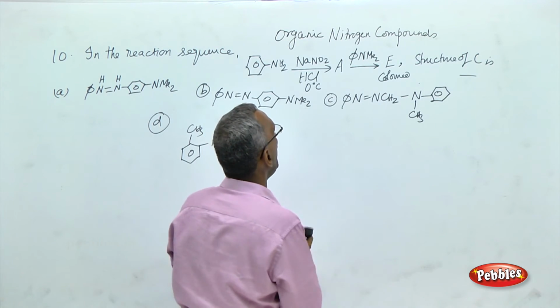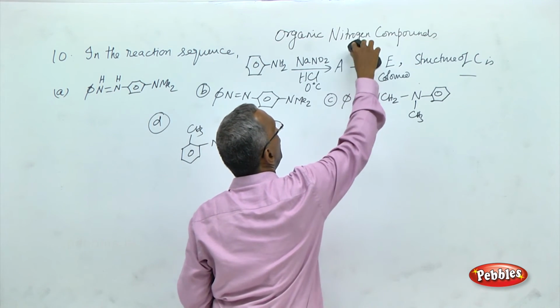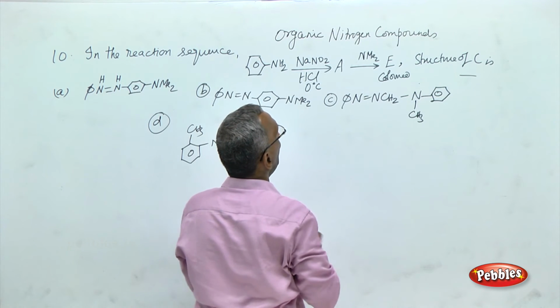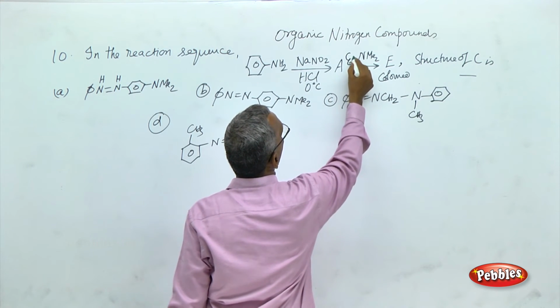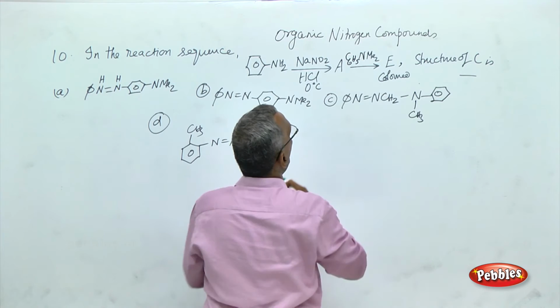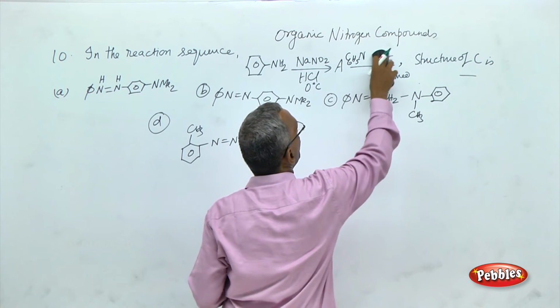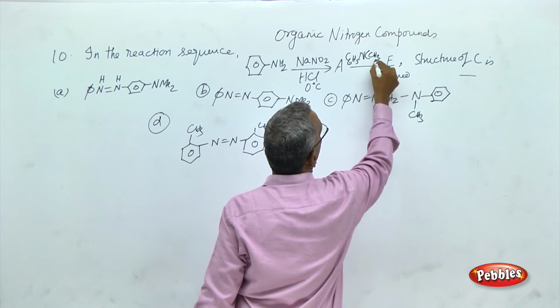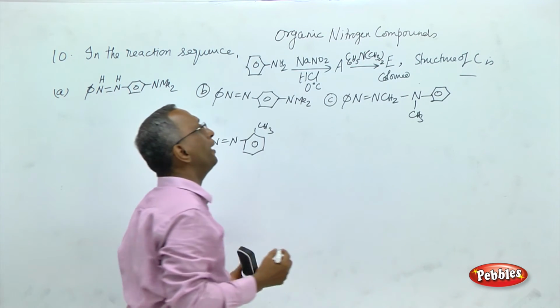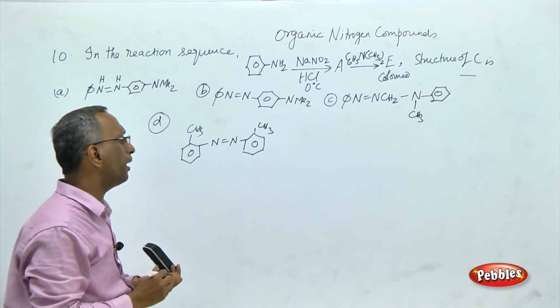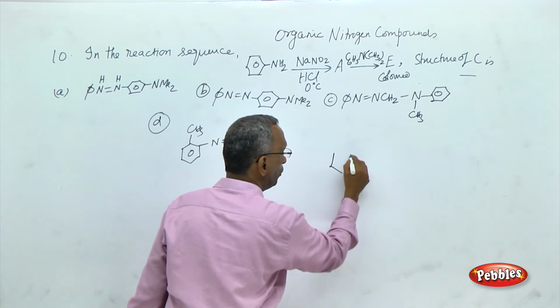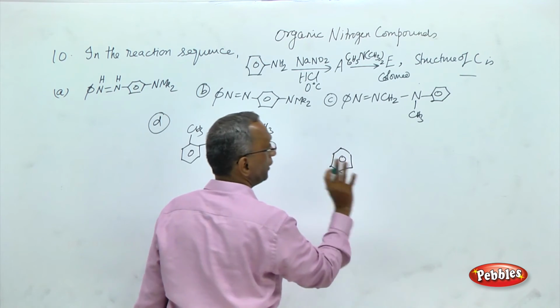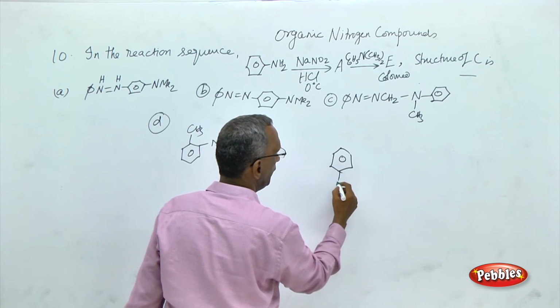Then the product A is treated with C6H5N(CH3)2. This is called dimethyl aniline, N,N-dimethyl aniline. C6H5NH2 is aniline. C6H6 is benzene.